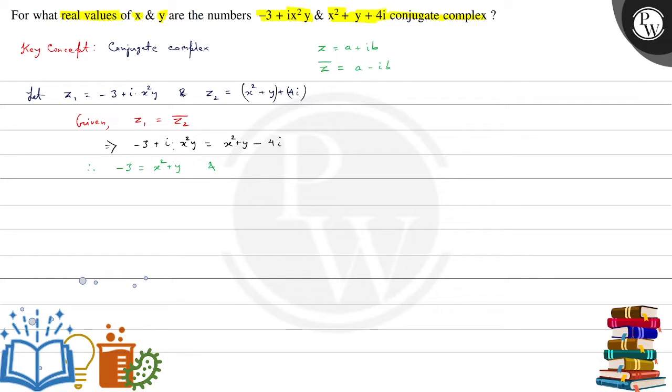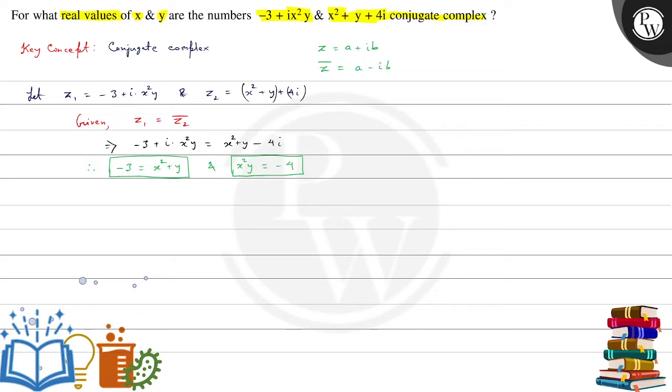And the left hand side's imaginary part is x²y, which must be equal to the right hand side's imaginary part, which is -4. So we have these two equations which now need to be solved, and their solution is going to give us the values of x and y.